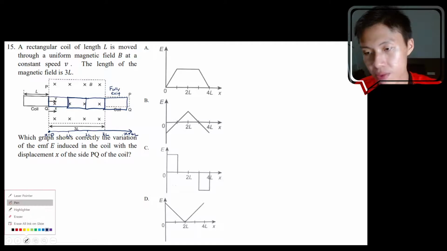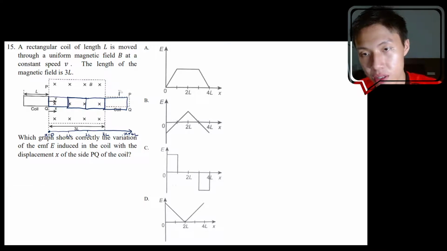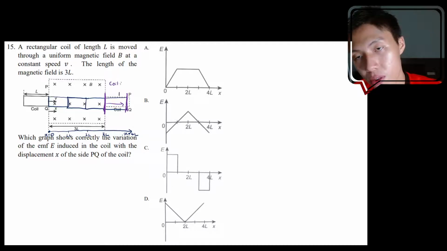We are focusing on the motion of PQ. For PQ to move from here to here, the coil is exiting the magnetic field. For the motion of PQ from here to here, the coil is entering the magnetic field. For PQ to go from here to here, the coil is staying in the magnetic field.